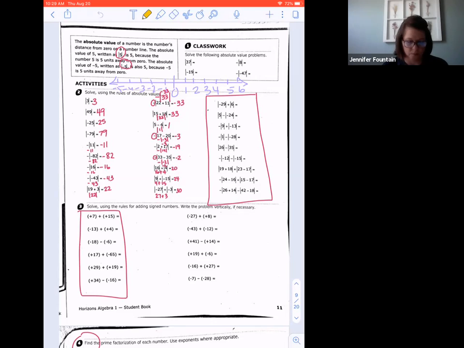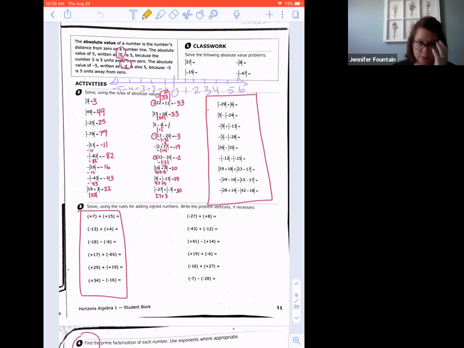The very last one. I've got a positive 34 minus a negative 16. Remember, when I'm subtracting, I want to change to adding the opposite. So if I make my subtraction sign an addition sign, that means I have to change the sign of negative 16 and it becomes positive 16. So then I have a positive 34 plus a positive 16, which would be a positive 50.